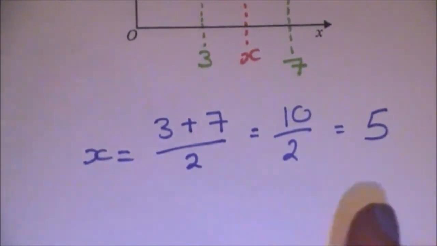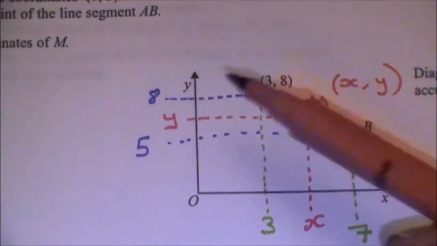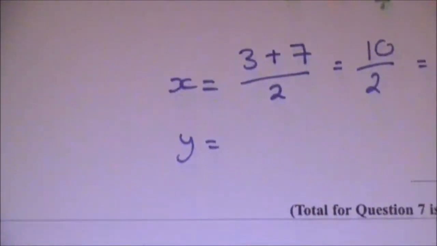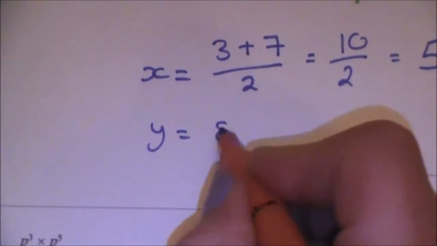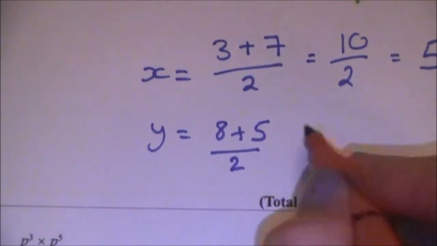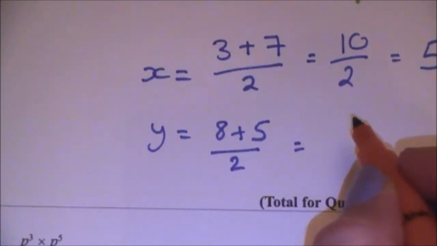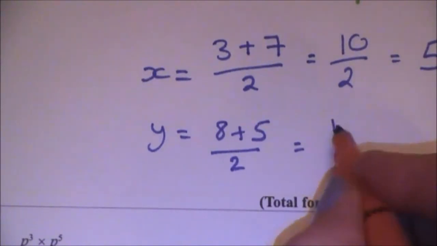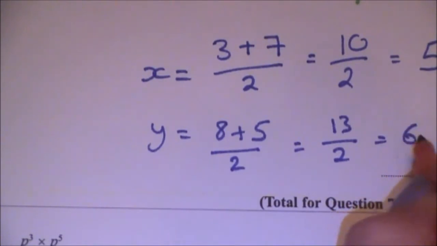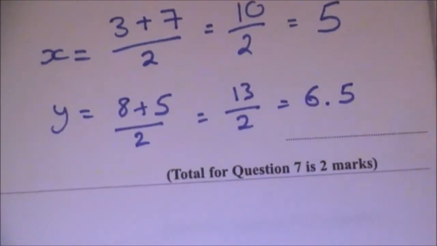Then I'm going to find my y coordinate. And the values I have for y are 8 and 5, and I need to find what's in the middle. So I'm going to do 8 plus 5 divide by 2, and that equals 8 plus 5, which is 13 over 2, and that equals 6.5. 6.5 is also correct.